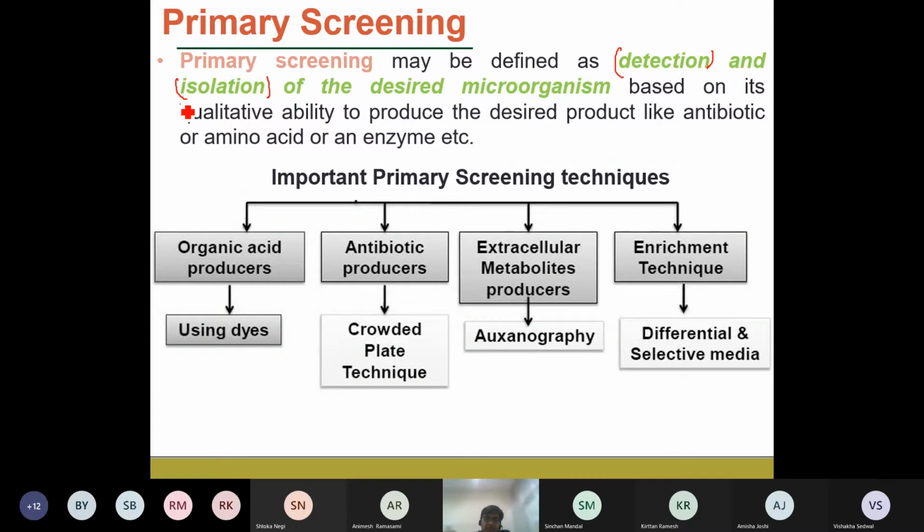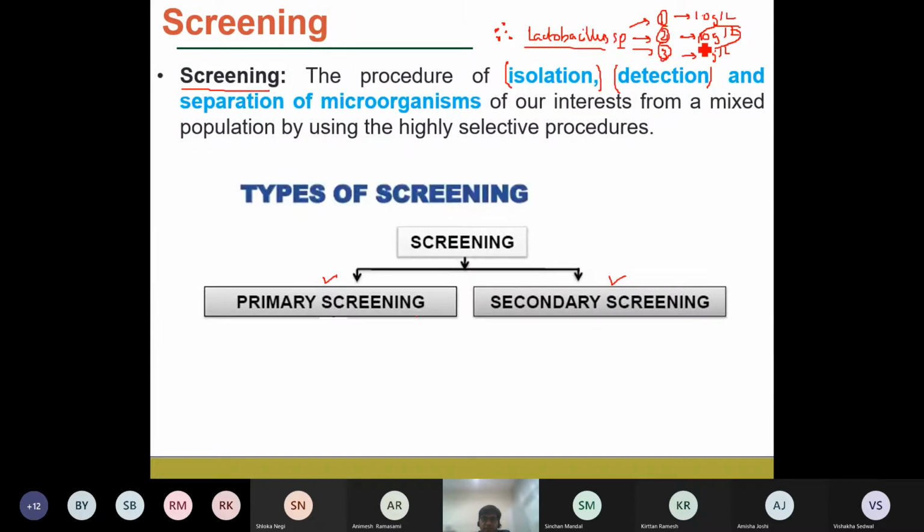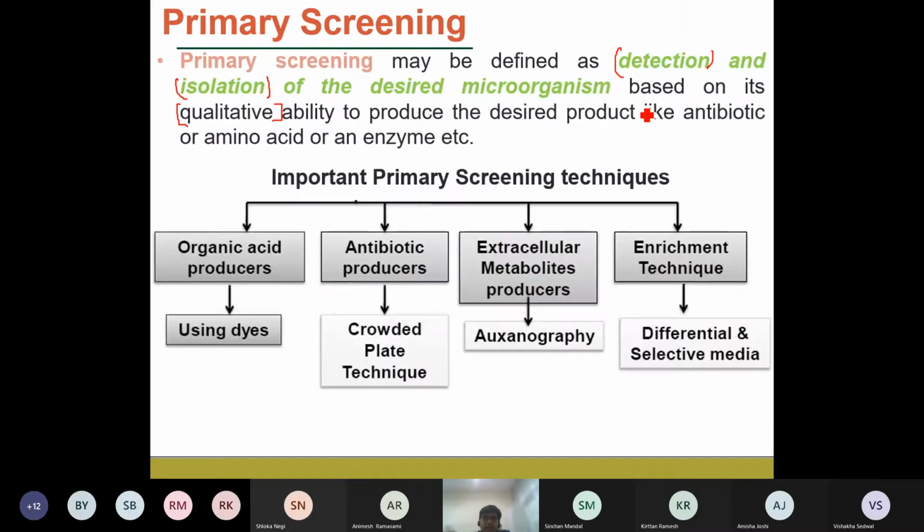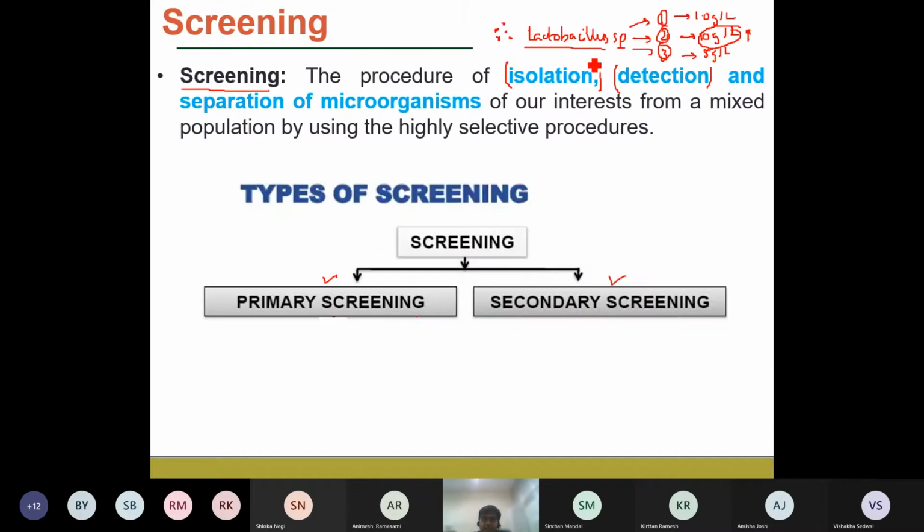It is a qualitative technique where we just detect which microorganism is responsible, for example, for the production of a high concentration of lactobacillus, and we isolate it and separate it out from the mixture of the microbial culture system. But we don't measure the concentration or the yield, or any mathematical data.